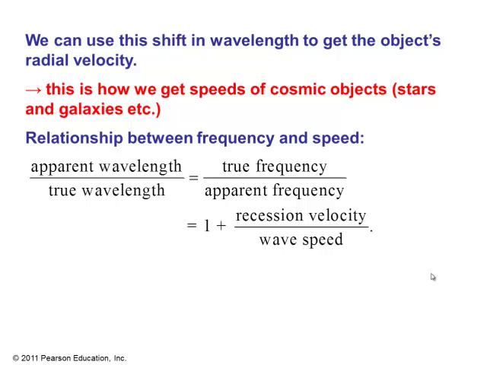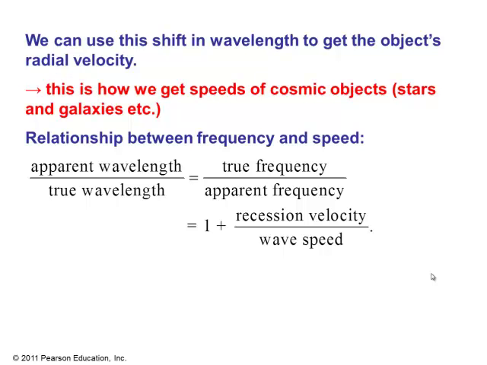And mathematically, this can be rewritten also in terms of velocity. So this is equal to 1 plus recession velocity, recession meaning how it's moving away from us. So recession velocity is the velocity of an object that's moving away from us divided by the wave speed.